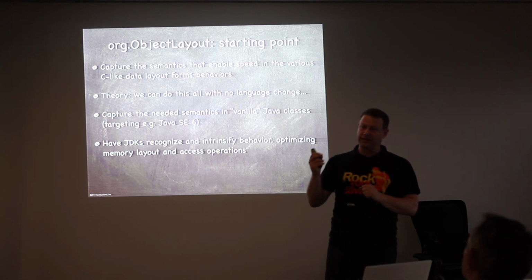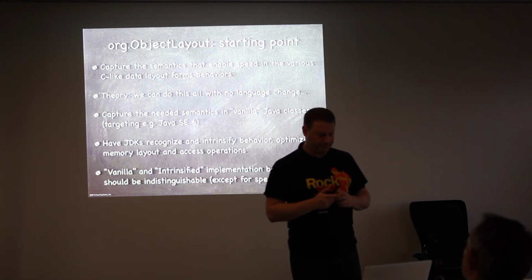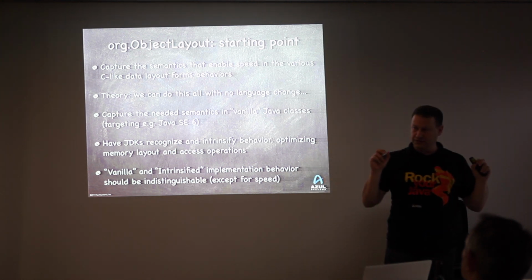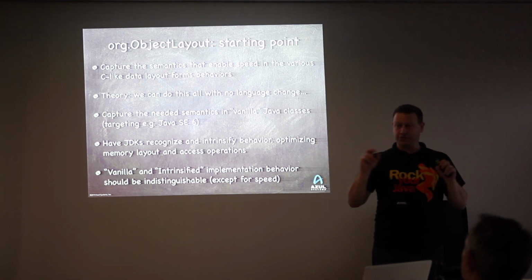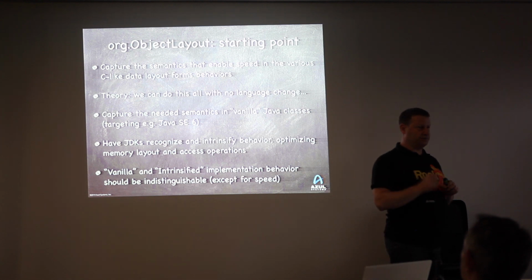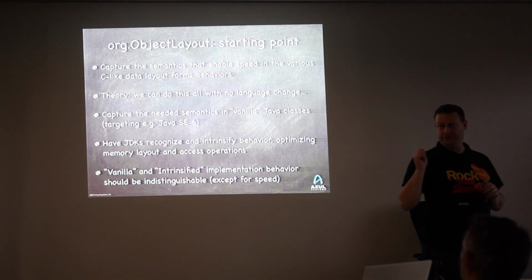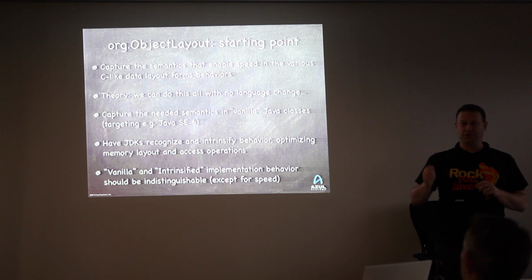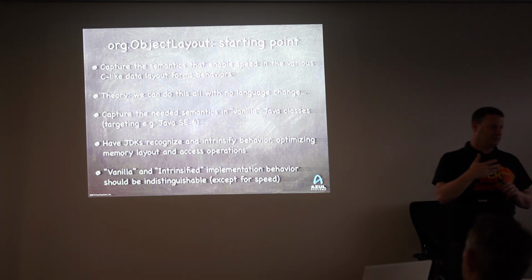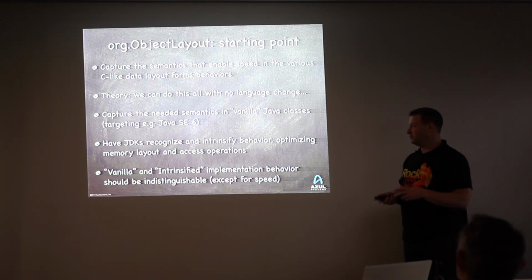The key thing is to capture the semantics that will enable that. The only difference between what we call vanilla, which runs on any JDK, and intrinsified, which is an implementation that a JDK actually optimizes, will be speed. There will be zero semantic difference. You won't be able to write one that will only work in one and not the other. That gives us compatibility.